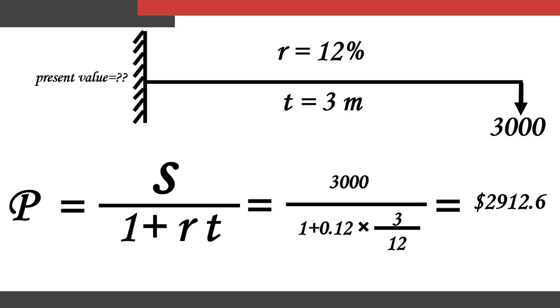We need to find the present value. B equals S divided by 1 plus RT. By substituting S equals $3,000, R equals 12%, T equals 3 divided by 12, B is $2,912.6.